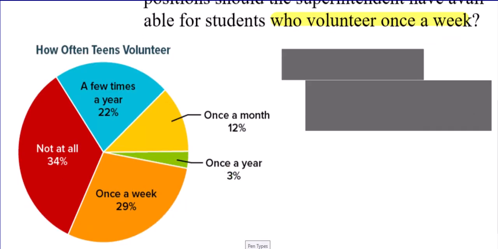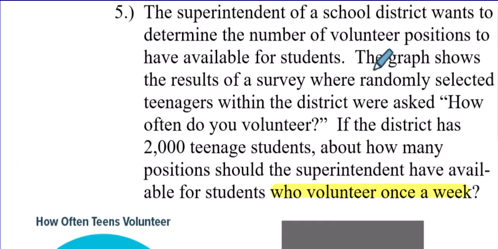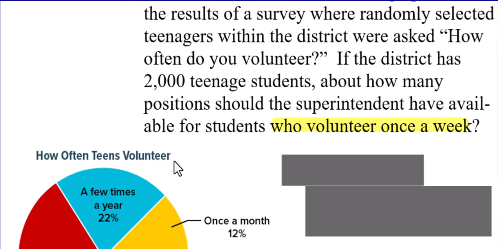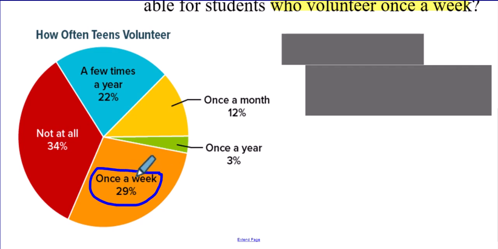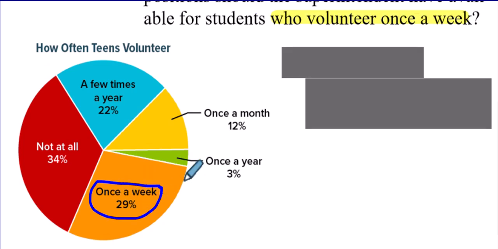That is only part of the table. It's right here. Oh, that didn't highlight at all. Let me go ahead and switch to a pen. I'll choose blue. Boom. This section right here is the once a week section. These are the people from the survey that he used, and 29% of them said they would be willing to volunteer once a week.